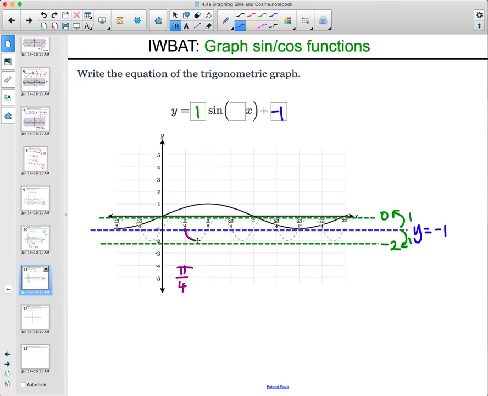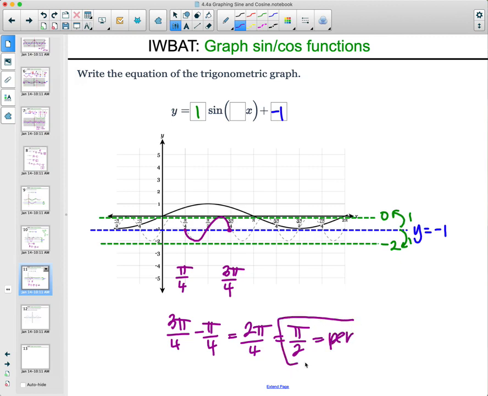So this is minimum, back up to maximum, back to middle. That's one full rotation at 3 pi over 4. So then I'll subtract those. 3 pi over 4 minus pi over 4 gives me a 2 pi over 4 distance, or a pi over 2 period. So this is the period.